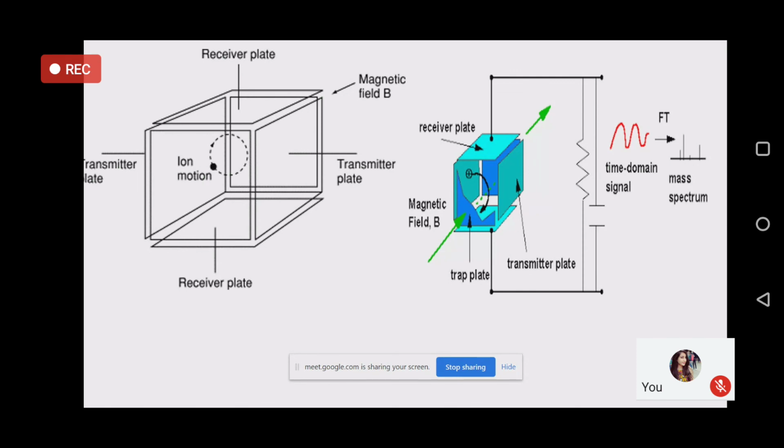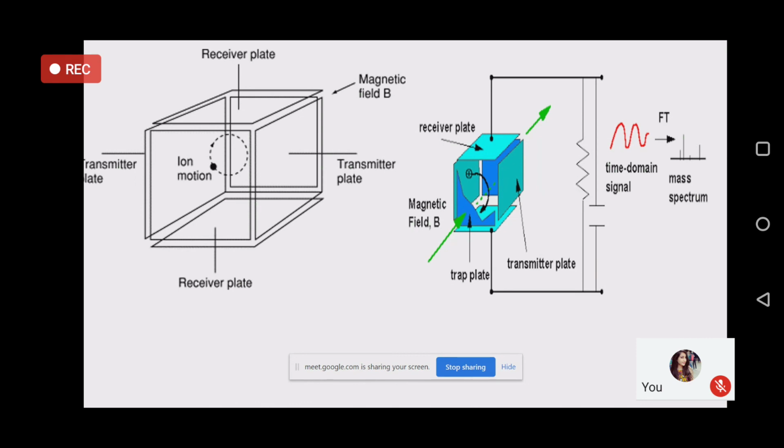All these signals are produced because this entire process is carried out over a regular time interval, and because of the changes in the resonating frequency of the alternating current, you will get all the signals from different m by z values.